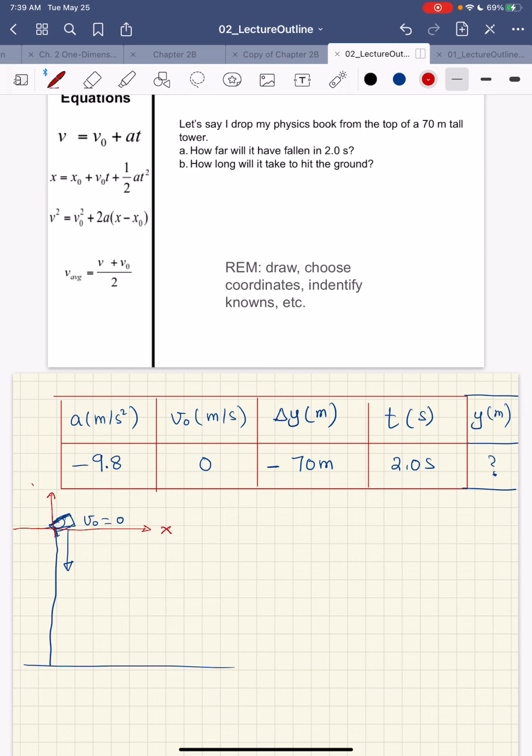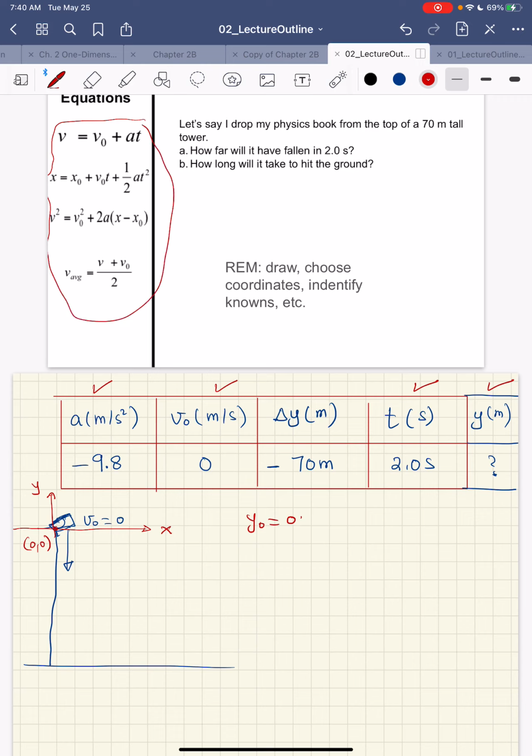This is my x, this is my y, this is my 0, 0, so that my y0 is 0. Now what I'm looking for is this. These are my 4 quantities. I'm trying to find an equation among these that I will be able to use.